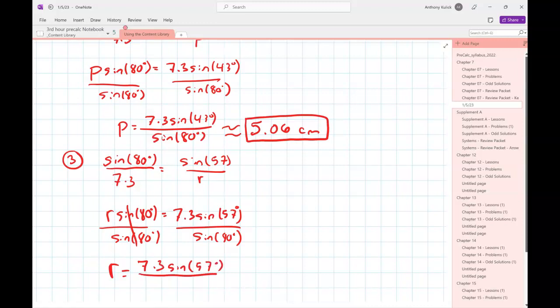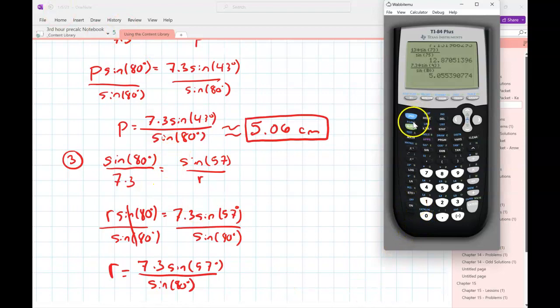And at this point, it's calculator time. Again, I want to make sure that my calculator is in degree mode. I don't need to check that because I just changed it at the start of class. So I'll just do alpha y equals, pick that first fraction option, and then type it in exactly like it looks on my sheet of paper.